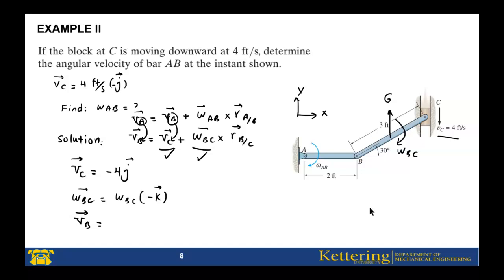And the magnitude of the velocity of B, how much is it? How much is the magnitude of the velocity of B? For this one, I just mentioned this is minus j, but how much is the magnitude of this?